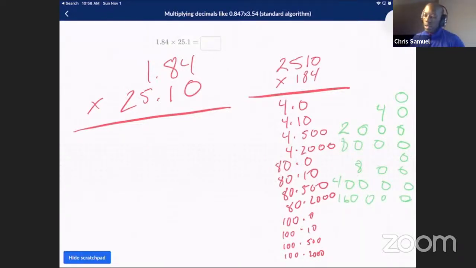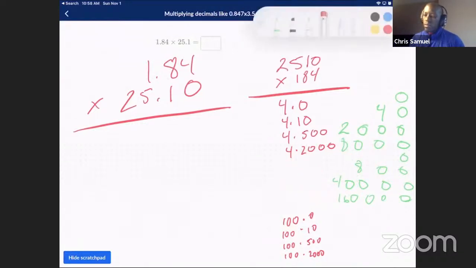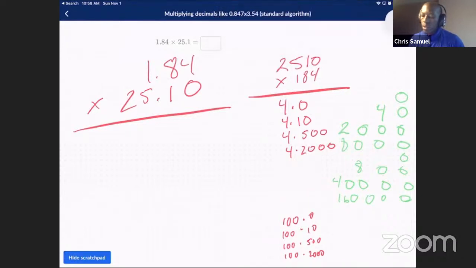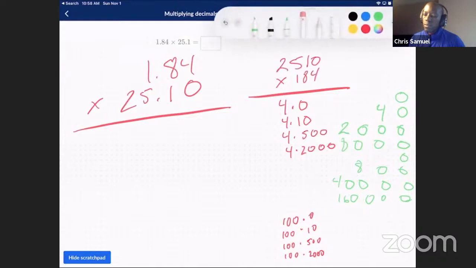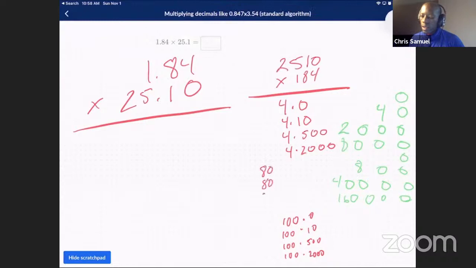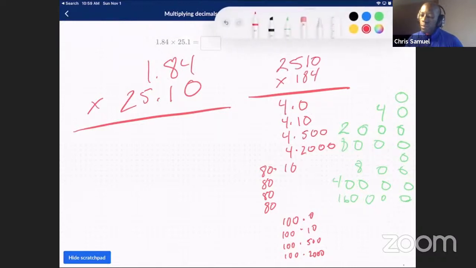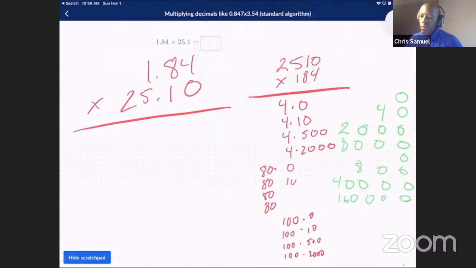So let me go ahead and erase this stuff here and move it over. So 80, 80, 80. We start with 0, right? Then we start with 10, then 500, and then we end with 2,000.